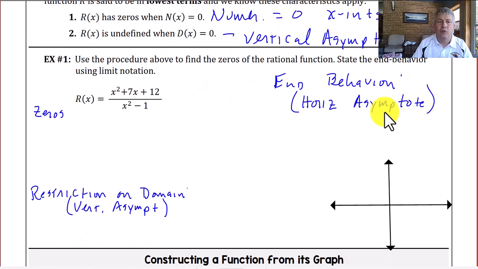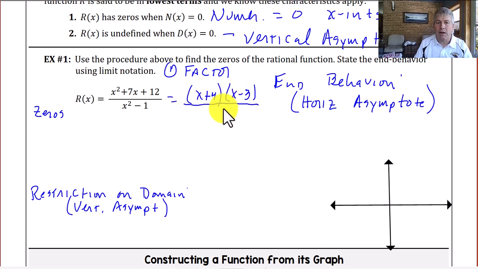Example 1 says, use the procedure above to find the zeros of the rational function. State the end behavior using limit notation. We'll probably do a little bit more than that. But let's go ahead and factor our numerator and denominator. Our numerator factors to x plus 4 times x minus 3.